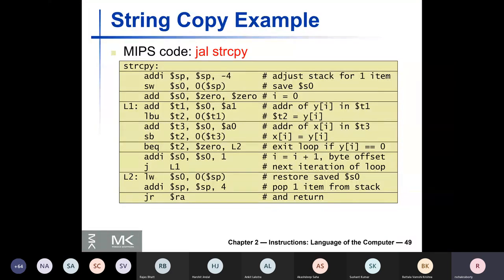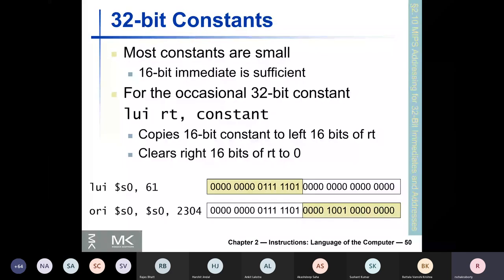Now, this is an important conceptual topic which is very often needed. So you should pay attention to this. Till now, most of the constants that we have seen in, say, ADDI type of instructions are small constants.